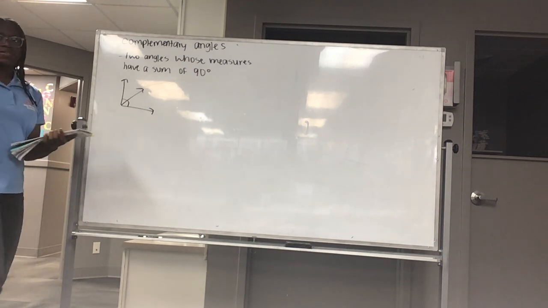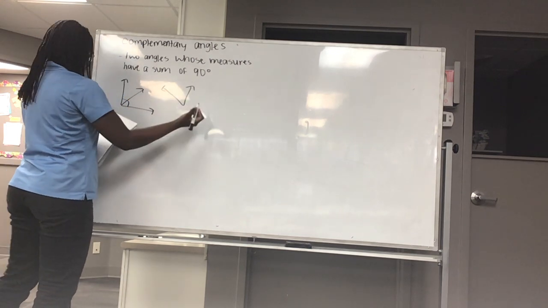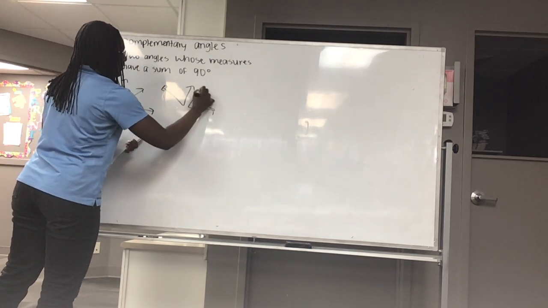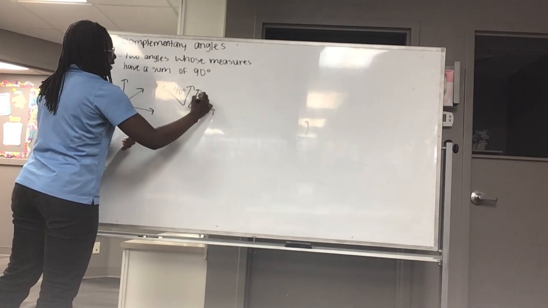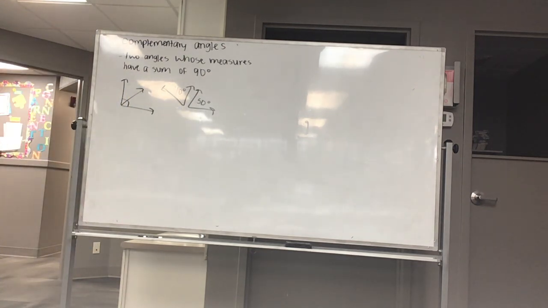And then also they don't have to be right next to each other. So I could have, say, an angle here that's 40 and then another angle here that's 50 degrees. And so because they add up to 90 degrees, they would be classified as complementary.